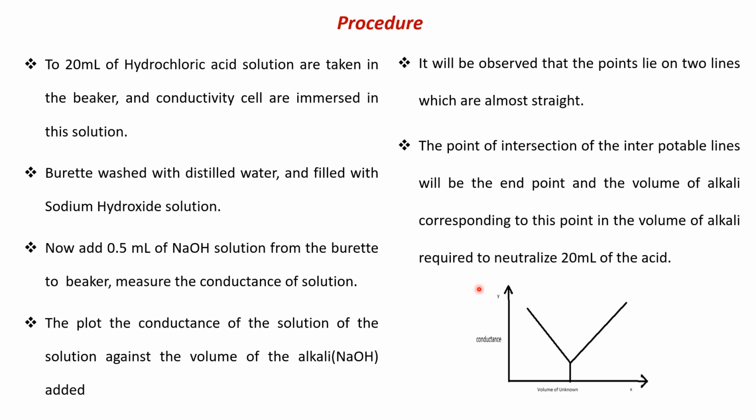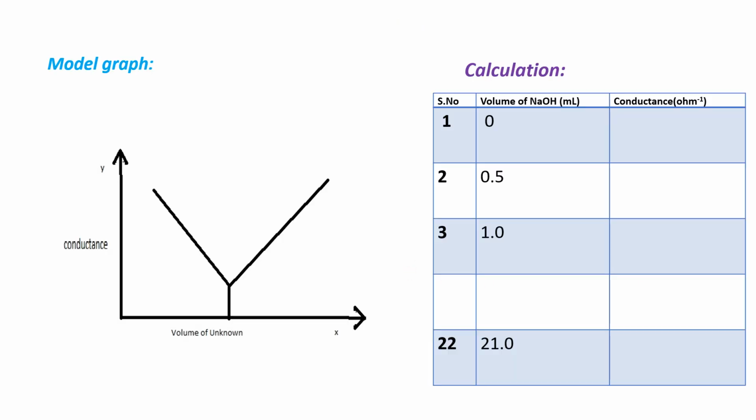We plot a graph of conductance versus volume of the unknown solution. The point of intersection of the two lines will be the end point, and the volume of alkali corresponding to this point is the volume required to neutralize 20 ml of the acid.